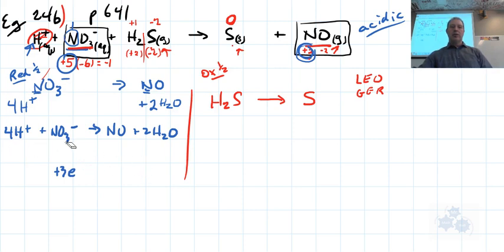So I have this plus 3 electrons produces this and this. Now, does that make sense? This is the reduction half, so it's gaining electrons. If plus 3 electrons are on the reactant side, that means those are picking up electrons, being involved on the reactant side, right? So they are being gained.